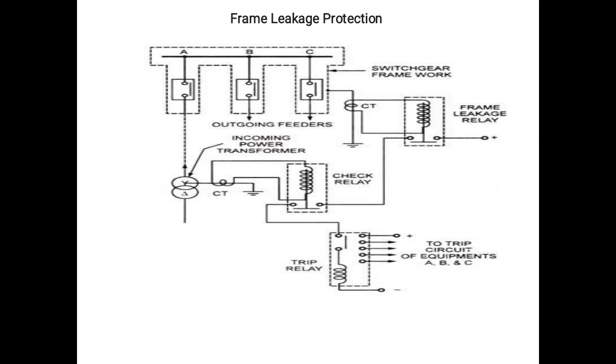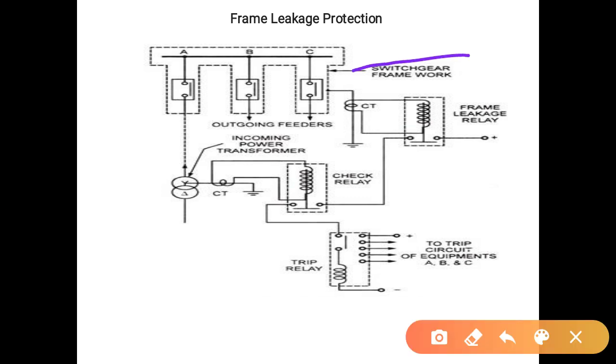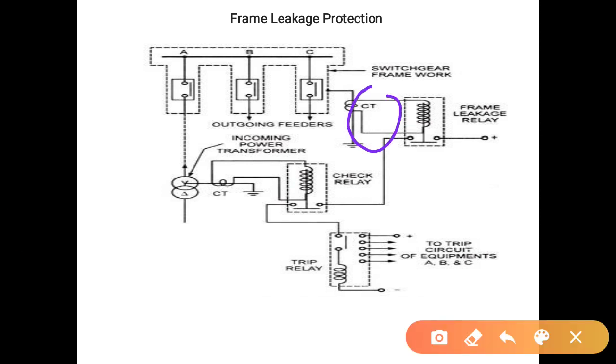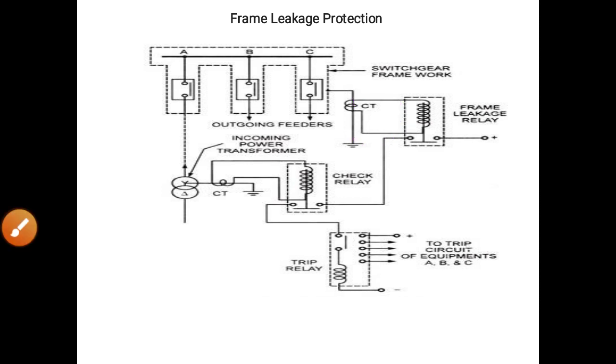Around this bus bar, as you can see by this dotted line, a metallic structure framework for the switchgear is shown, and this metallic structure is grounded through this CT.